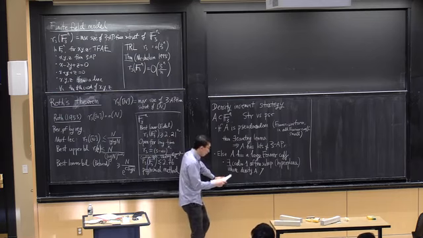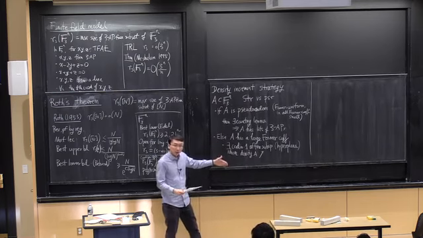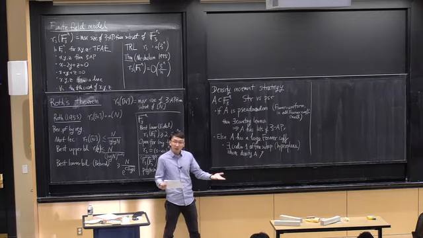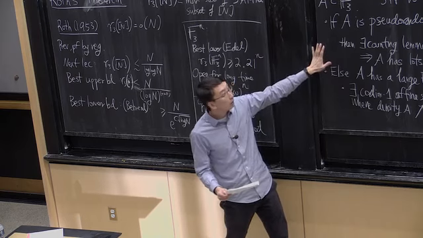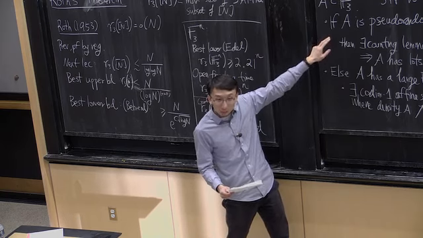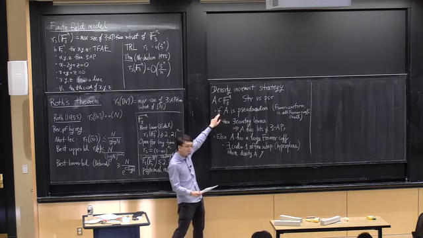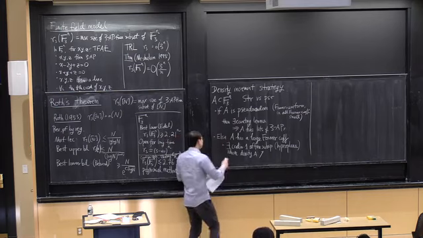And you can repeat this process. Now restrict to this hyperplane and ask yourself the same question. Is A, when restricted to this hyperplane, pseudorandom, in which case we find a 3AP? Or does A restricted to this hyperplane have a large Fourier coefficient, in which case we restrict further?